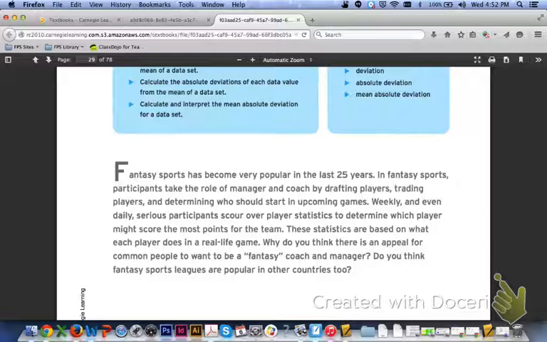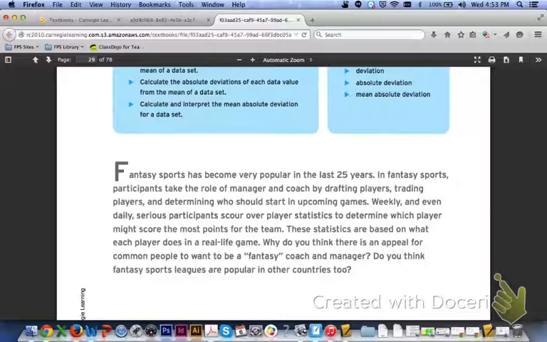These statistics are based on what each player can do in a real-life game. So why do you think there's an appeal for common people to want to be a fantasy coach and manager? Do you think fantasy sports leagues are popular in other countries too? I'm not sure about that. But one of the things I think that appeals to people is the ability to take those star players and feel like you really connect to them.